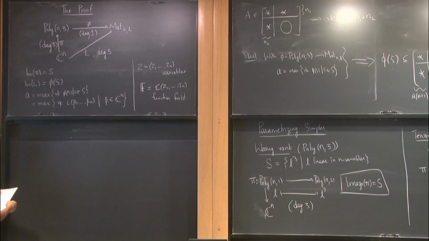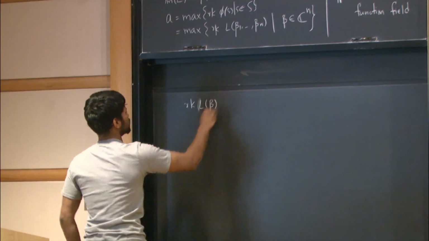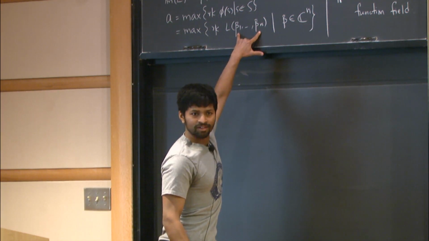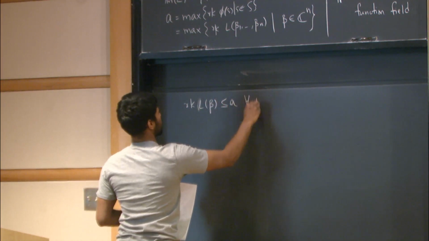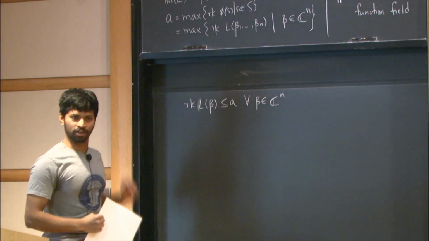Okay, so the strategy goes this way. You use the fact that the rank of, okay, when I say beta, I mean the vector. I don't feel like writing bold. So you use this fact, and this is basically the only fact that you'll ever use.